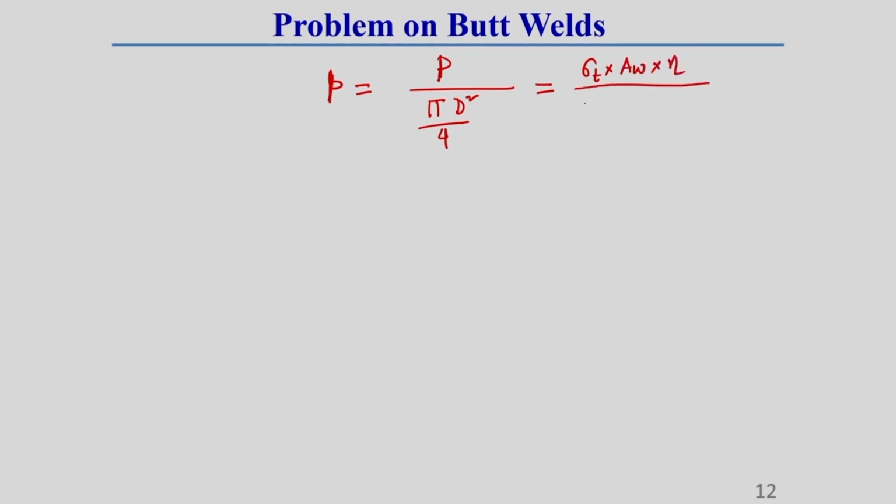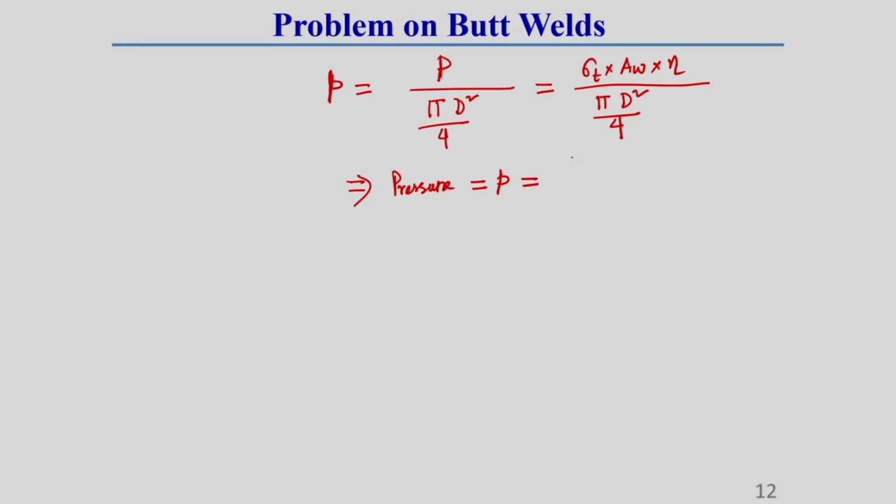So, this is balanced by the internal pressure force pi d square by 4. Now, if we put all these things, the internal pressure p will be equal to sigma T; I am putting all these values directly here, then it will be more clear to you.